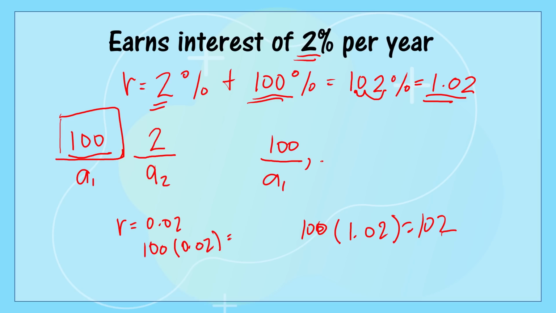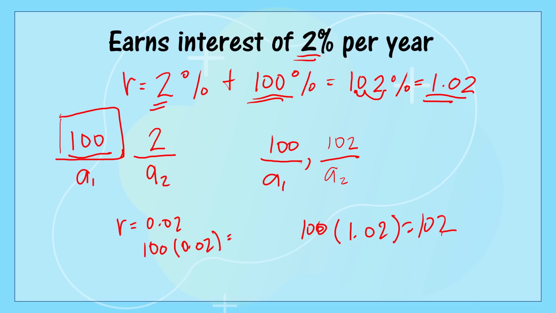So magiging tama na. So from 100 pesos lang yung pera mo, nag-earn siya ng 2%. So, by the next year, siya ay magiging 102 pesos. Na, which is tama naman.